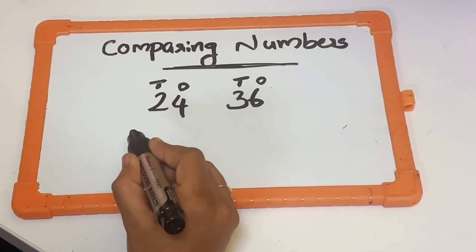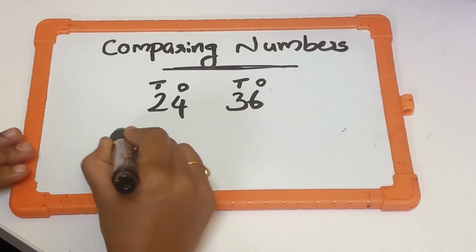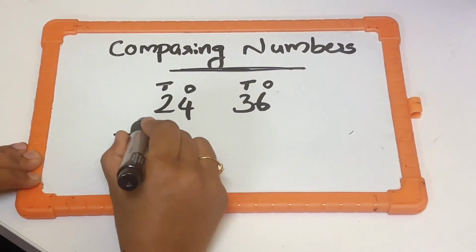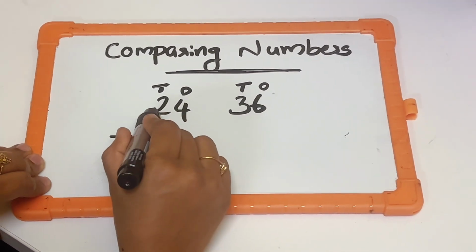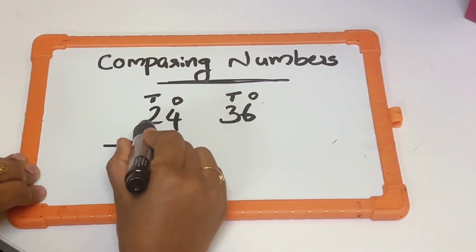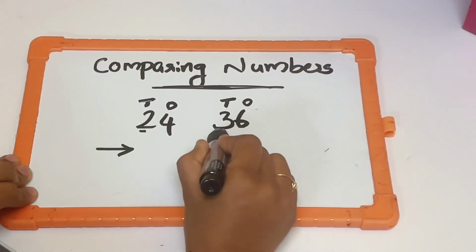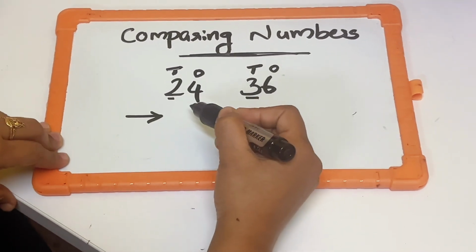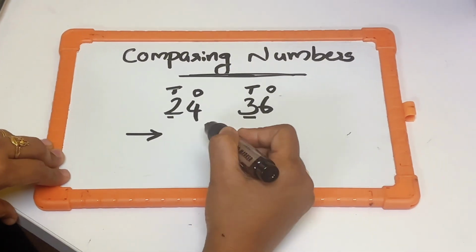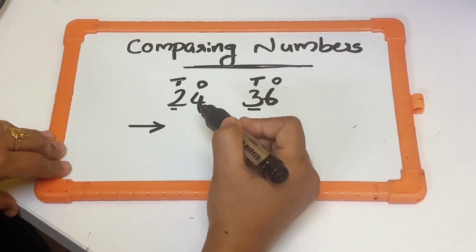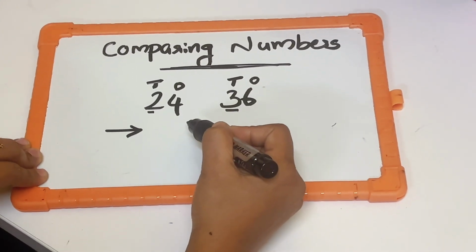First we start our comparison from the left. Here at the first is the tens place number. Because the tens place has more value than the ones place, the number with the larger tens digit will always be greater.